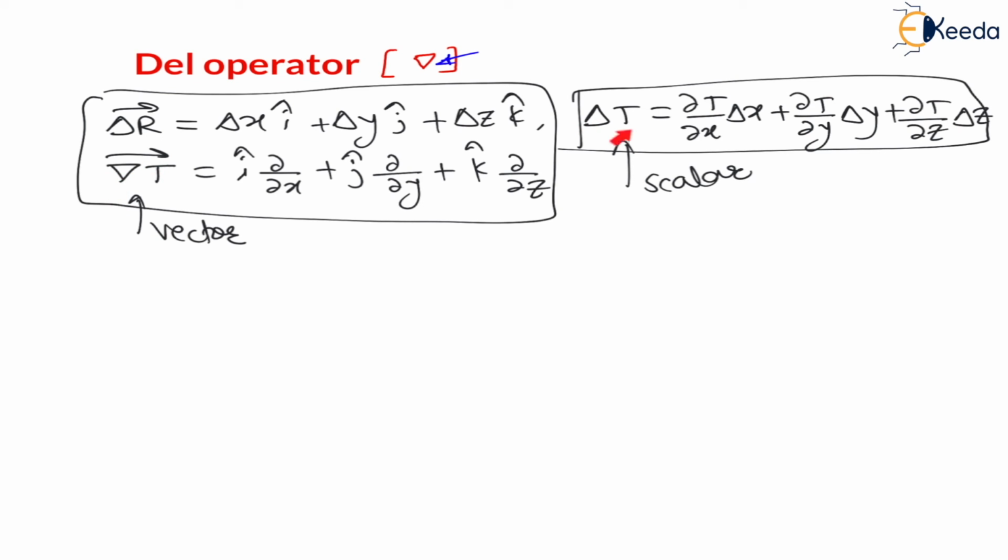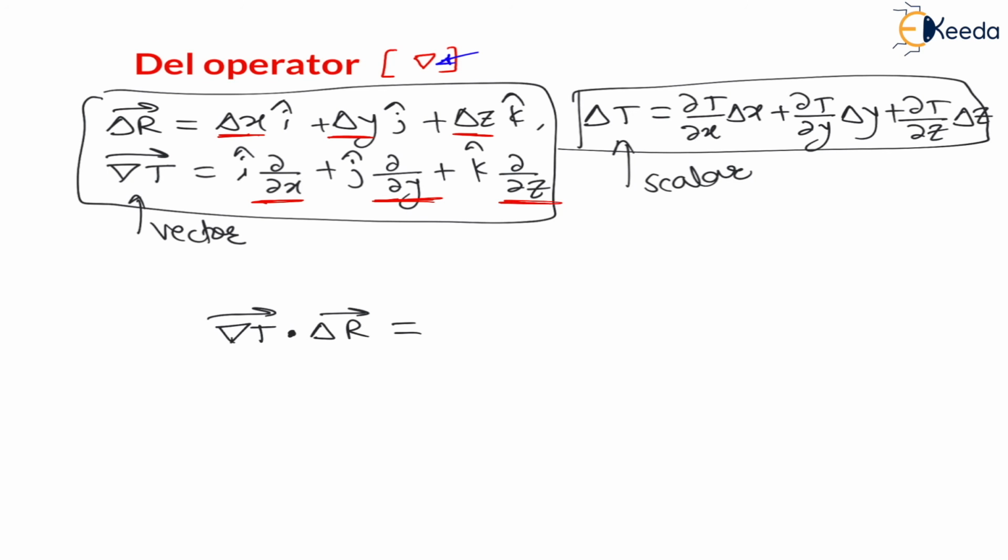Now, my dear students, see, this scalar quantity is a dot product of these two vectors. Therefore, if I consider the dot product of two vectors, let us say vector del T dot vector change in r, I have to write the product of the coefficients. Here the coefficients are del x, del y, del z, then dou by dou x, dou by dou y, dou by dou z.